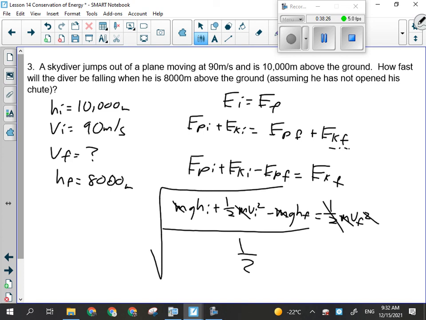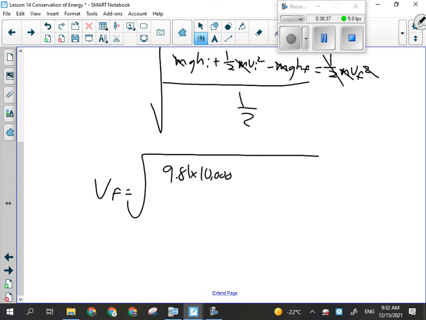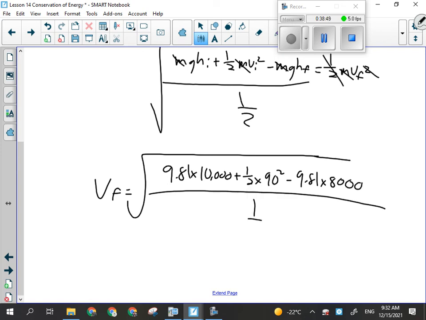So my final setup here will be that VF equals the square root of 9.81 times 10,000 plus 1/2 times 90 squared minus 9.81 times 8,000, divided by 1/2.